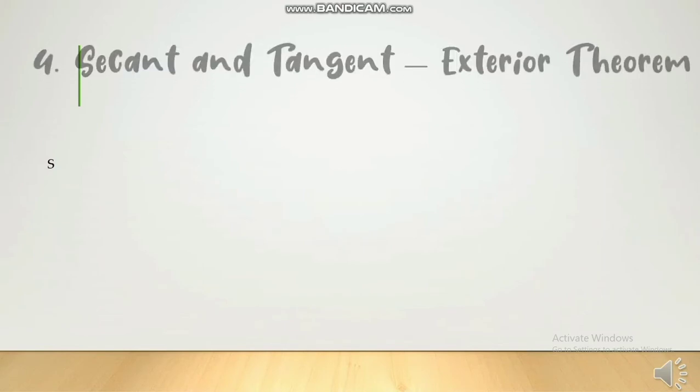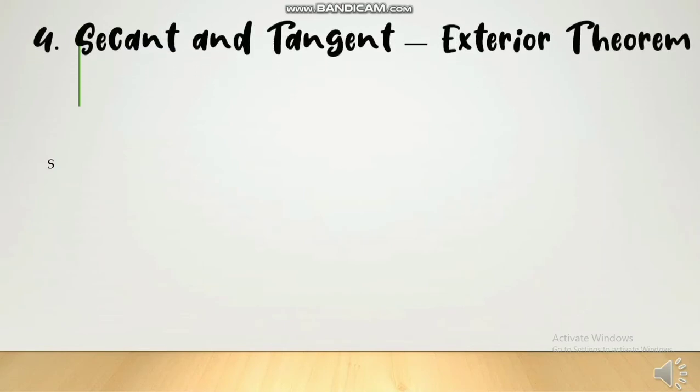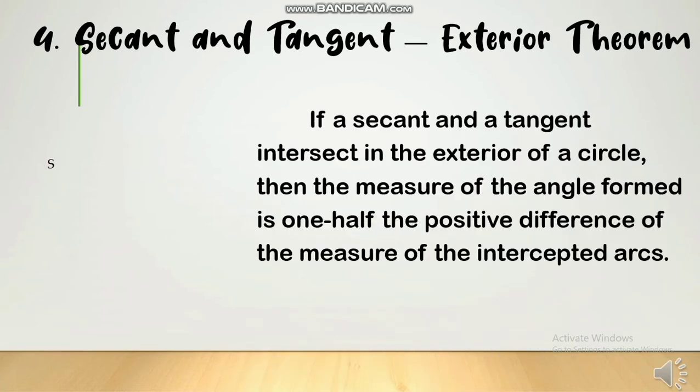Theorem number 4. Secant and tangent theorem. If a secant and a tangent intersect in the exterior of a circle, then the measure of the angle formed is 1/2 the positive difference of the measure of the intercepted arcs.